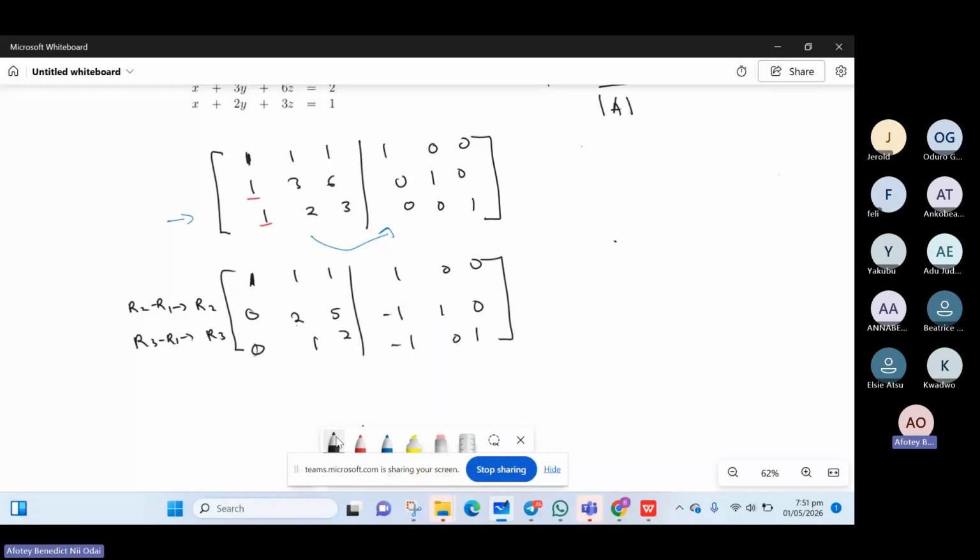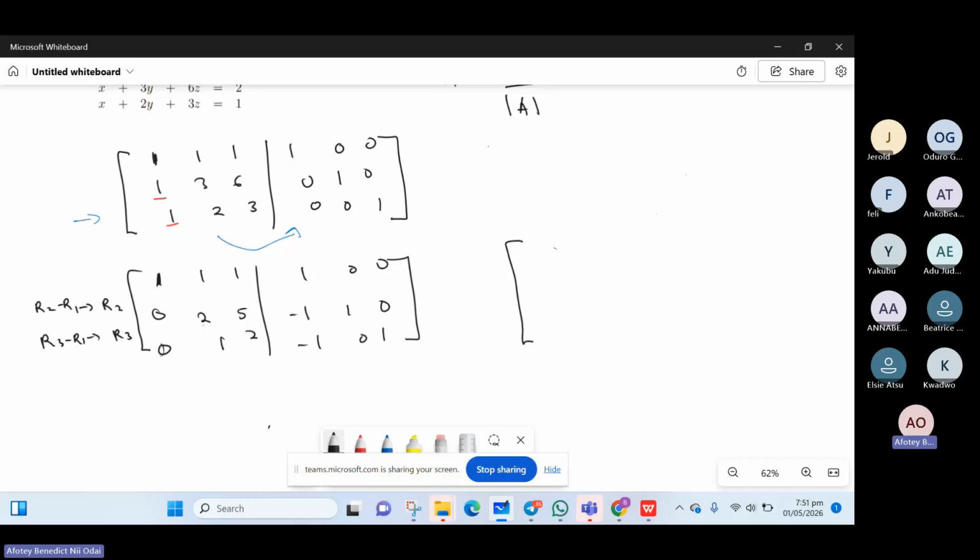So we basically get the same row 1. So row 1 becomes 1 1 1, 1 0 0. You have 0 1 2 negative 1 0 1.